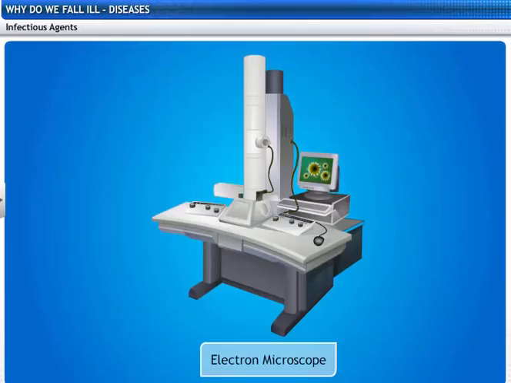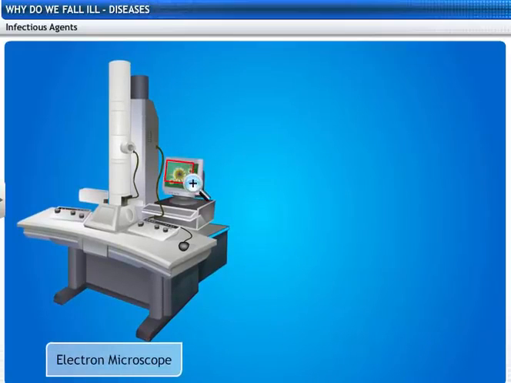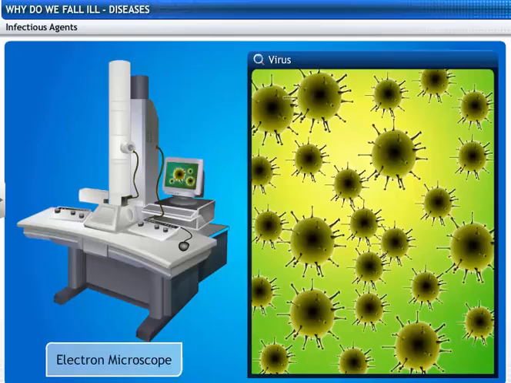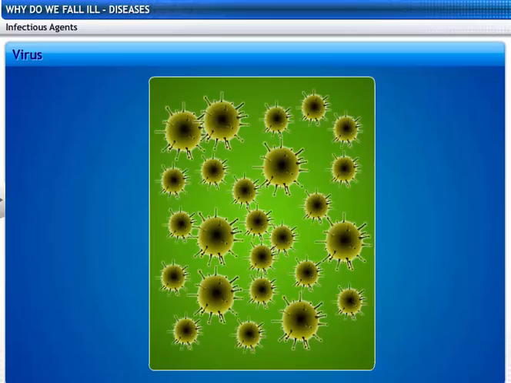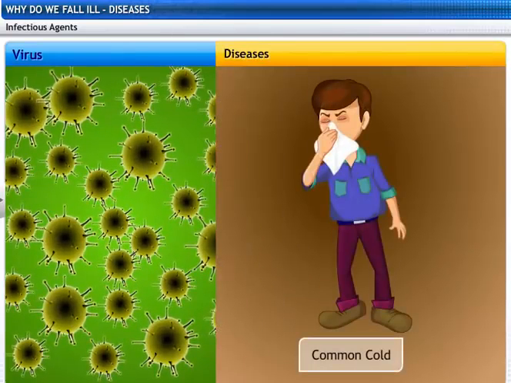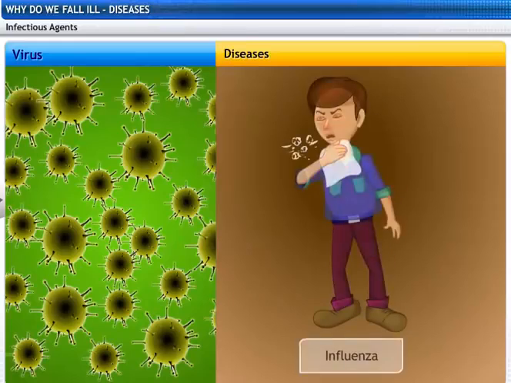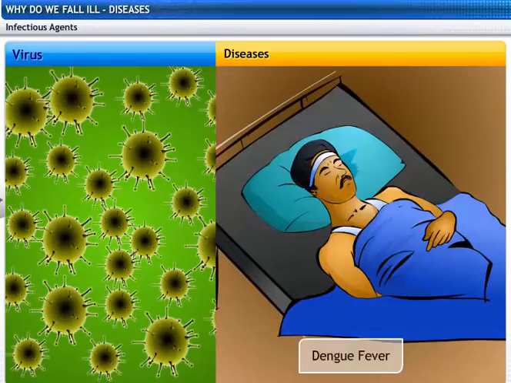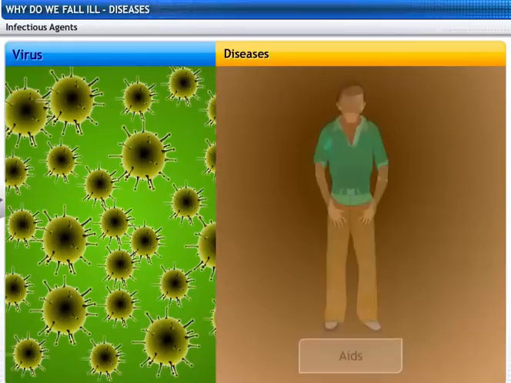A virus is the smallest organism that can be seen through an electron microscope. Some examples of diseases caused by viruses are the common cold, influenza, dengue fever, and AIDS.